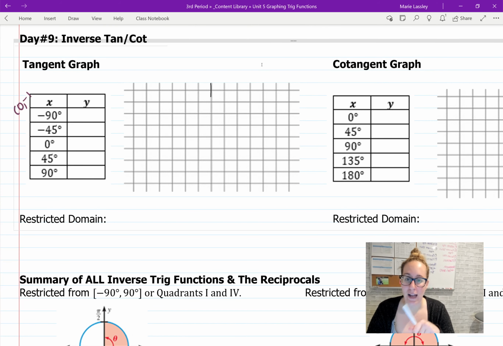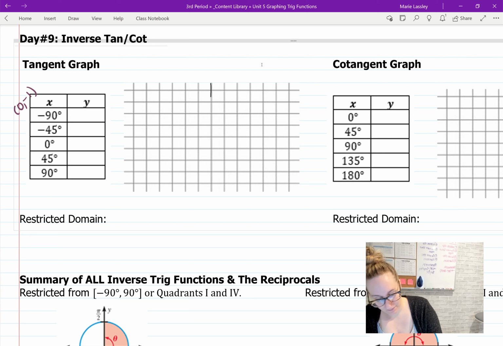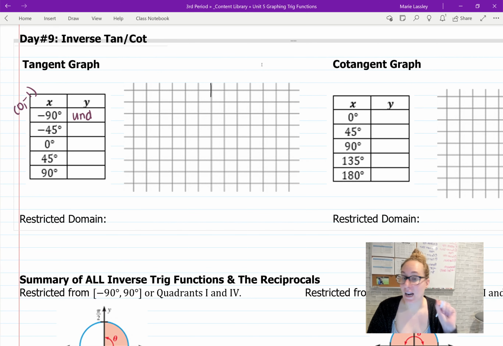Tangent is y over x. So when we do y over x, we get -1 over 0, which is undefined. At -45, this is √2 over 2, -√2 over 2. When we do y over x, we end up getting -1.